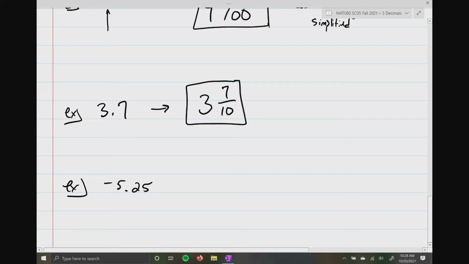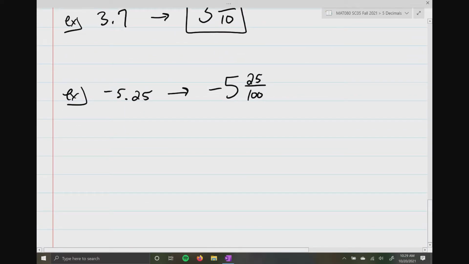How about -5 and 25 hundredths? Well, that negative just comes along for the ride. So we have a whole number of -5, and then the fraction is 25 hundredths. So we're going to write 25 over 100. And now we need to reduce. So remember, there are plenty of ways to do this.